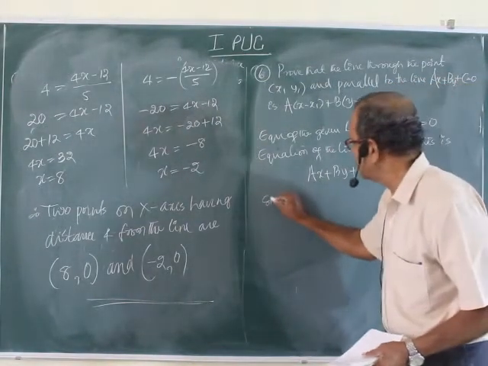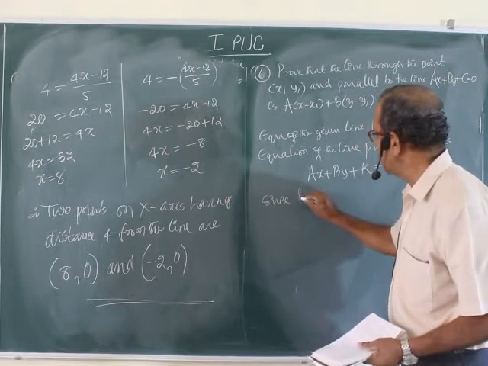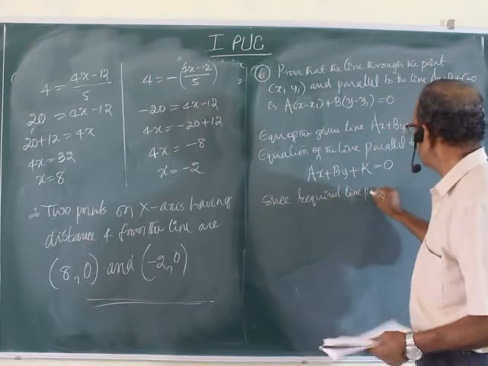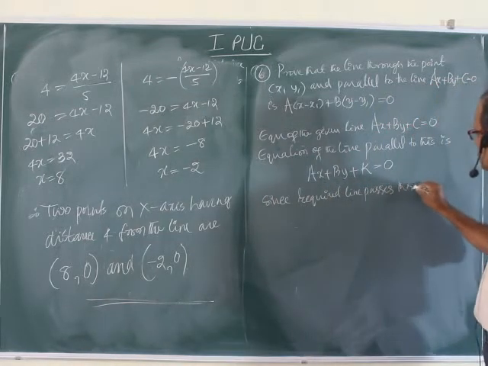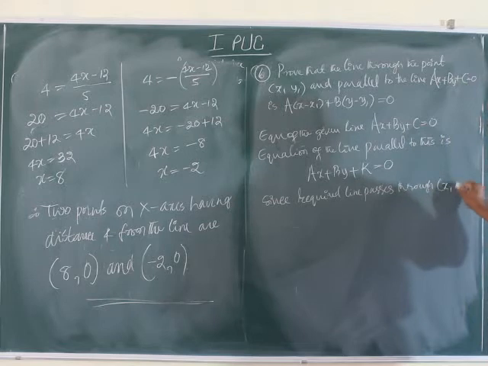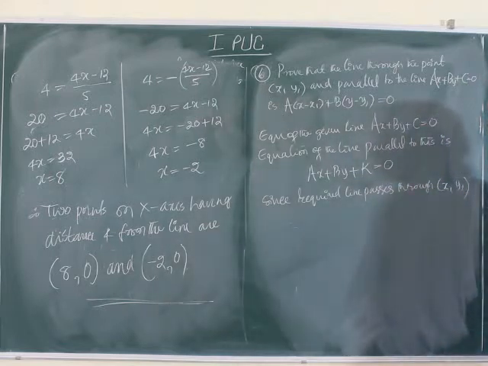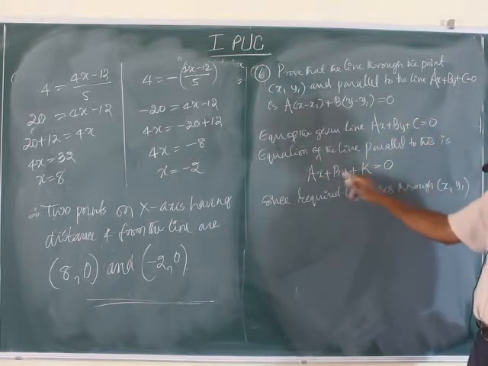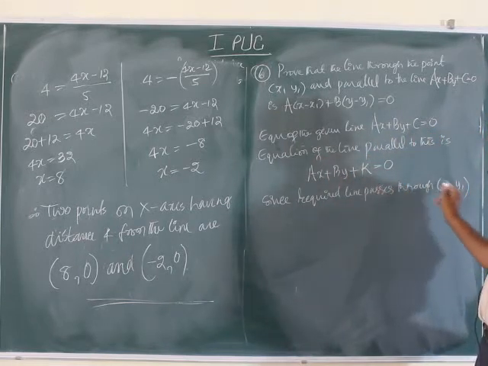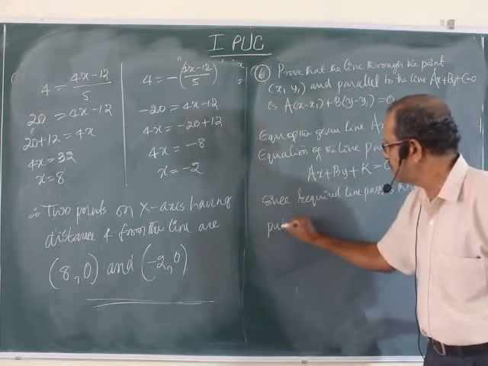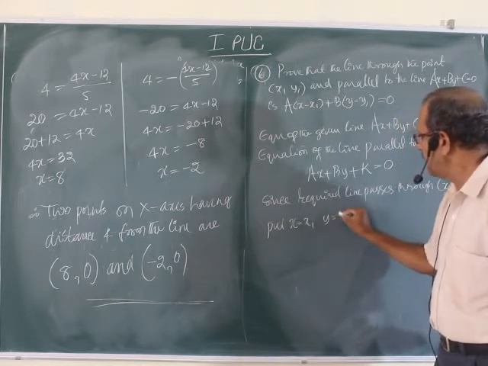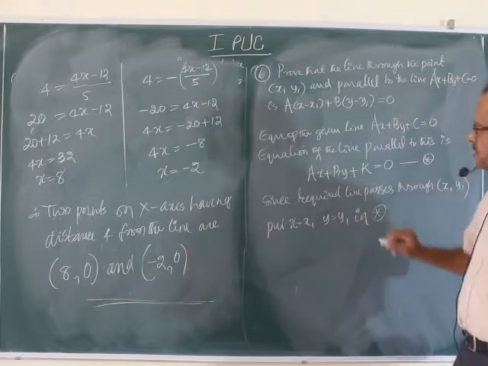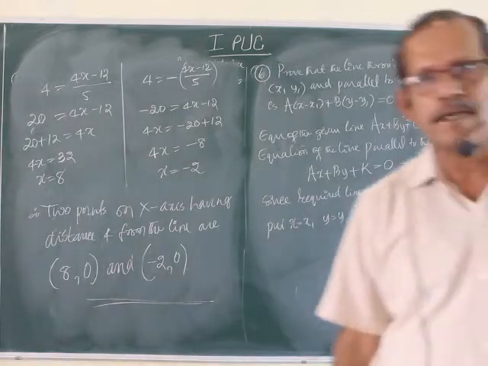Now, since the required line passes through the point x1, y1, put x equal to x1, y equal to y1 in the equation star.